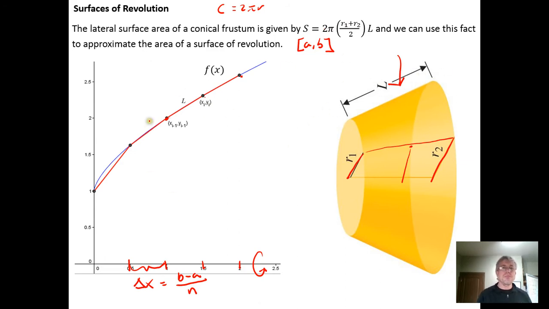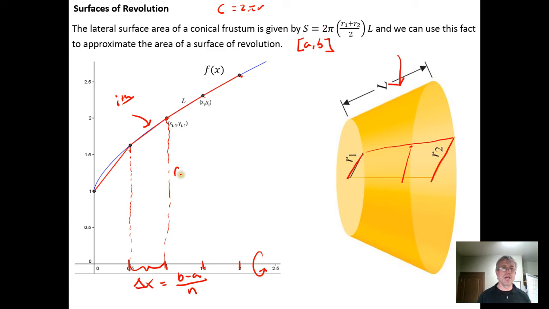So what we can do then is cut the region up into lots of pieces, n pieces in fact. And then for the ith piece, let's say this is the ith line segment that we make. We're going to take that ith line segment, which has 2 radii extending down to the x-axis.